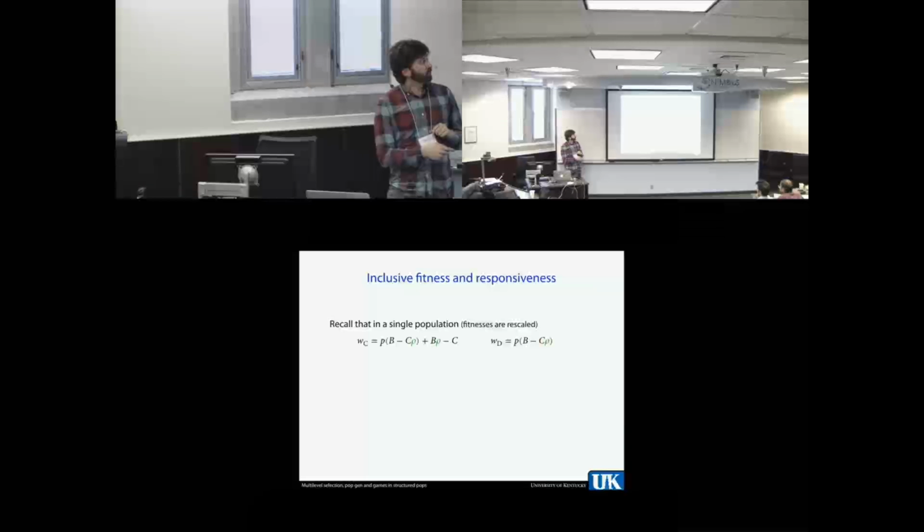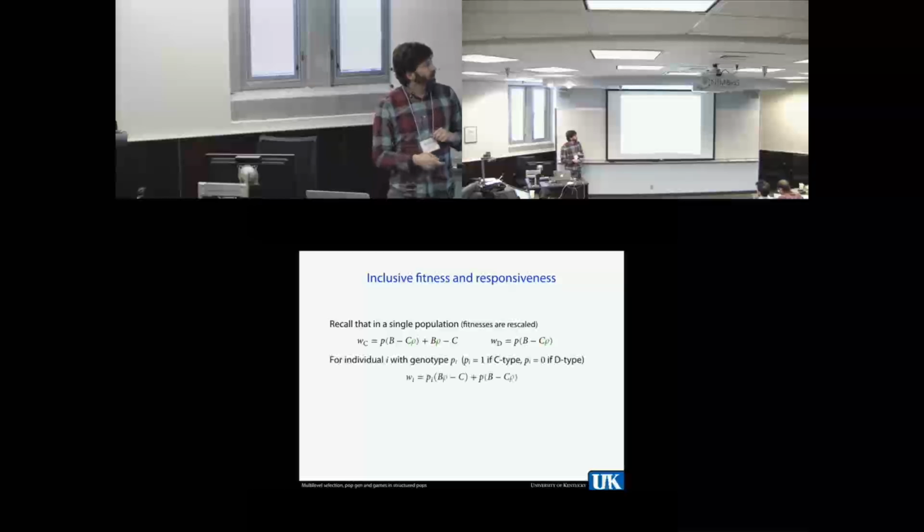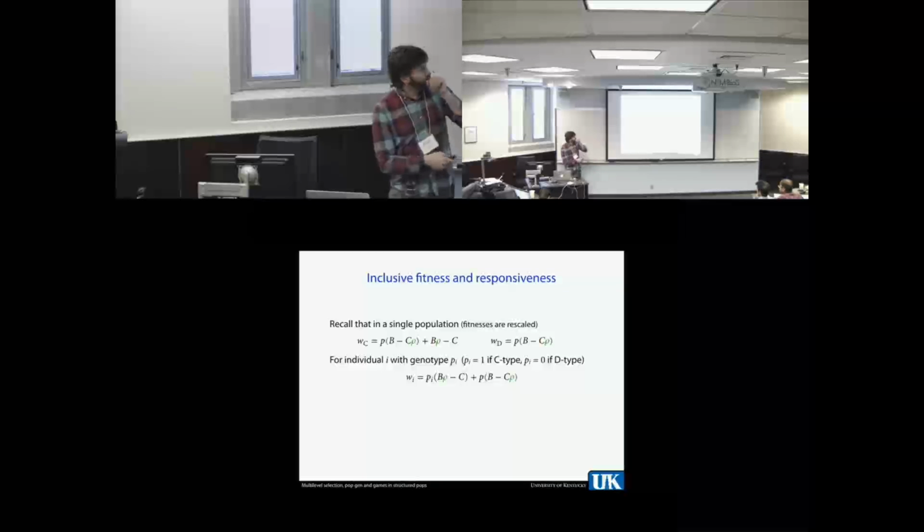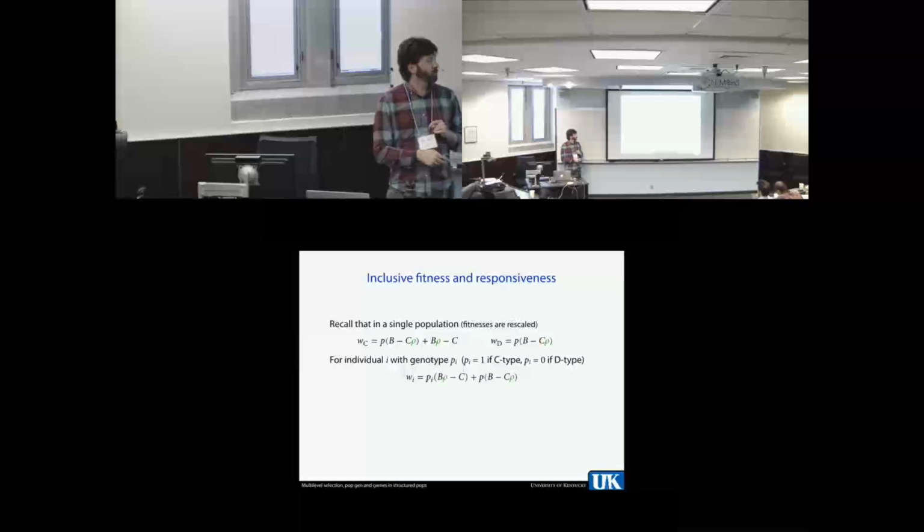Then these were the fitnesses of an intrinsic cooperator and an intrinsic defector. So we set this to be the fitness of individual I. If it has a 1 at this gene, so it has the cooperative gene, then it has this fitness plus the sum of these two. If it's not a cooperator, this is 0, and then it just has this fitness.